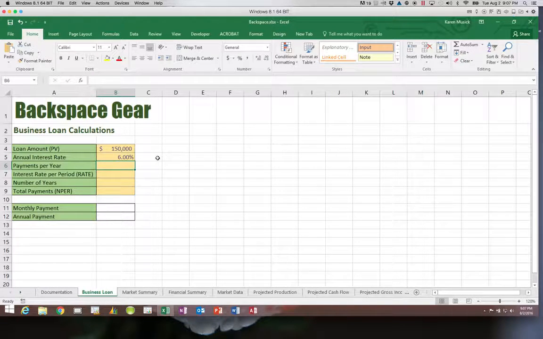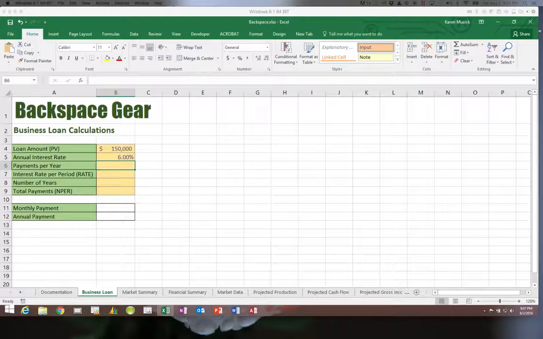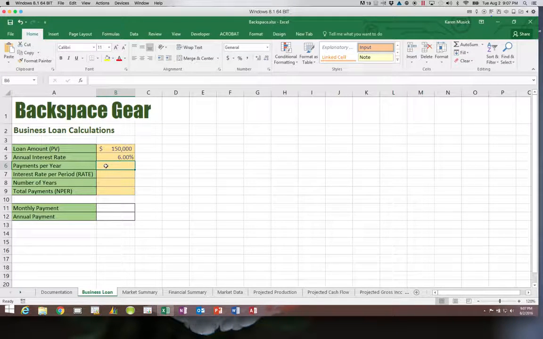0.06 is 6%, and that is the annual interest rate that they will be using for this calculation. The assumption here is that we are making monthly payments based on this heading right here. So with that in mind, that means there are 12 payments per year.